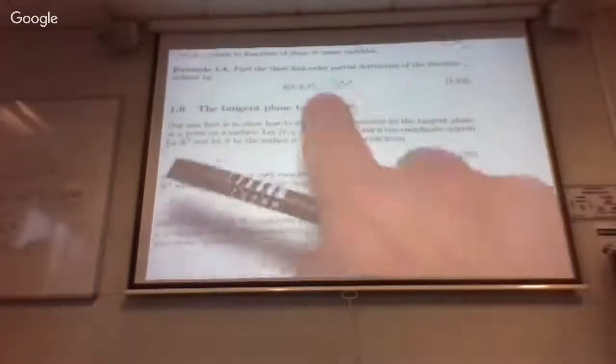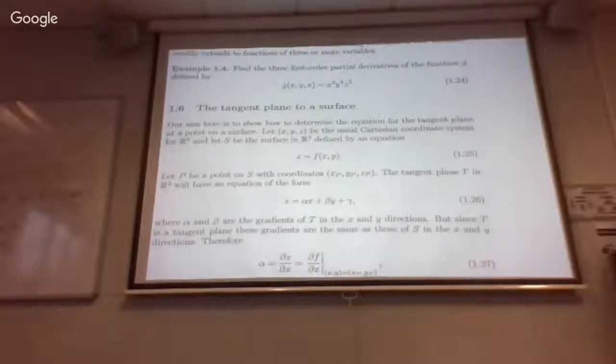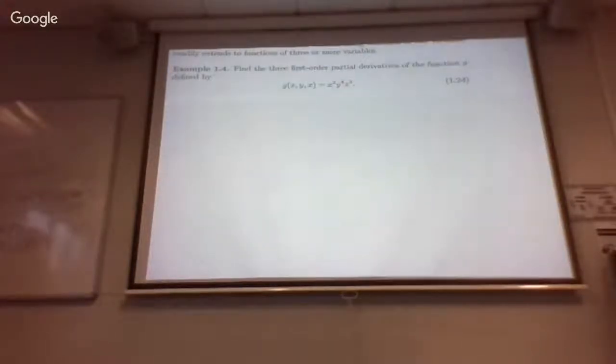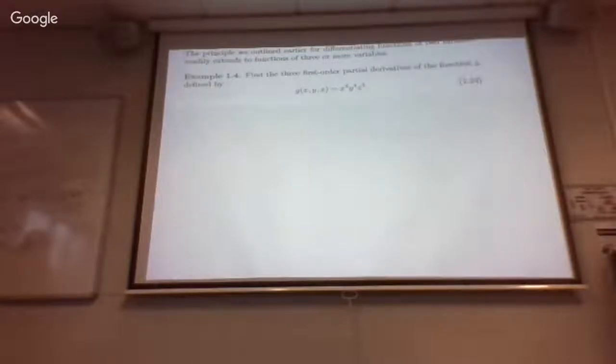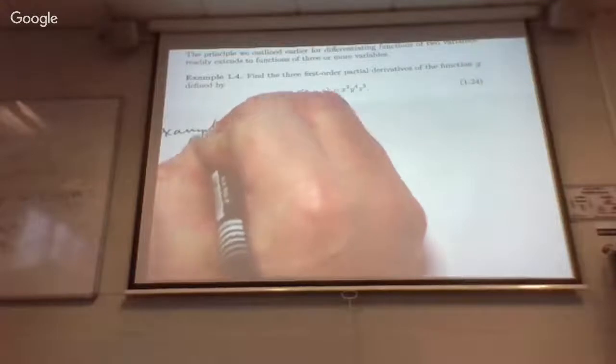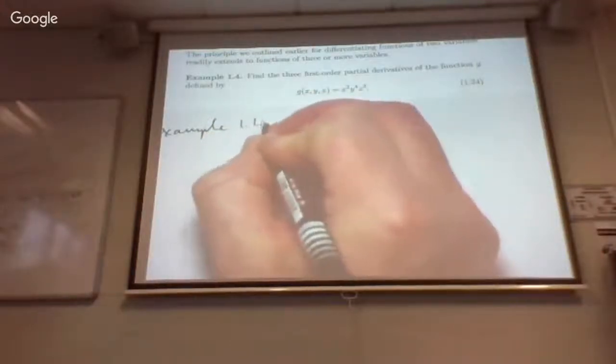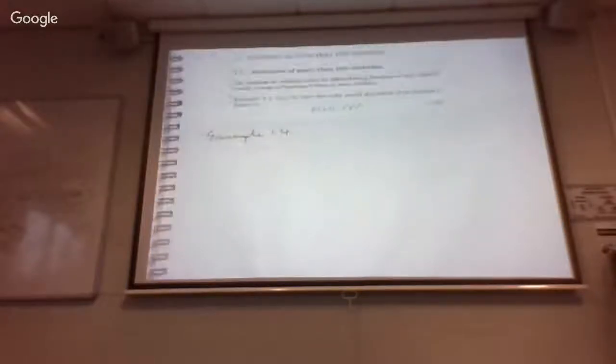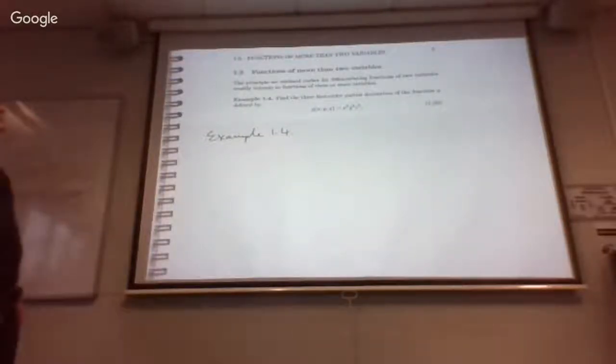So we just make the point that we can handle those kind of functions in a very similar way. So if you look at example 1.4 here, this function g of x, y, z, it's a polynomial function, x squared times y to the power of 4 times z cubed.